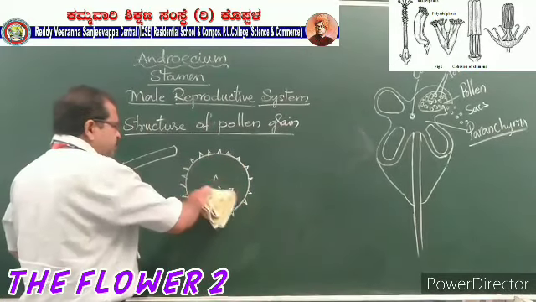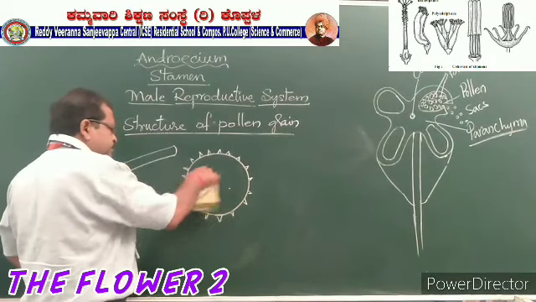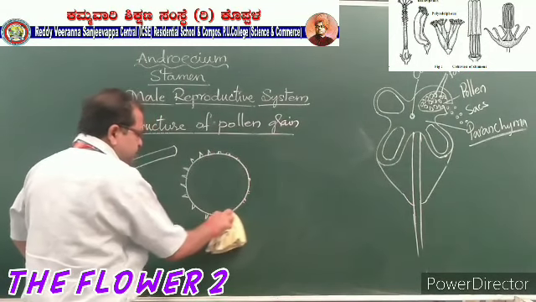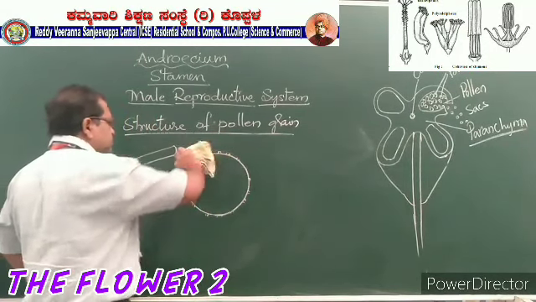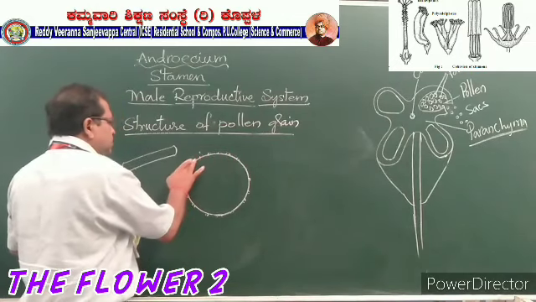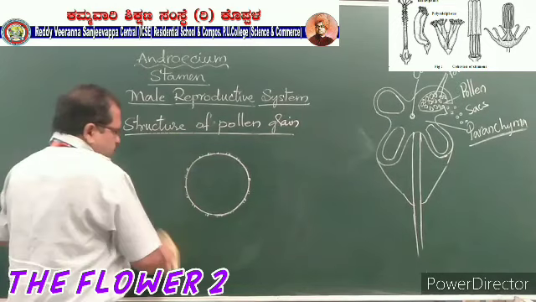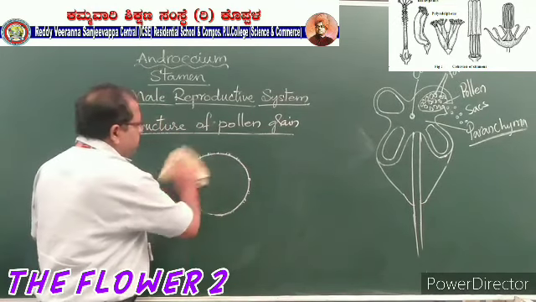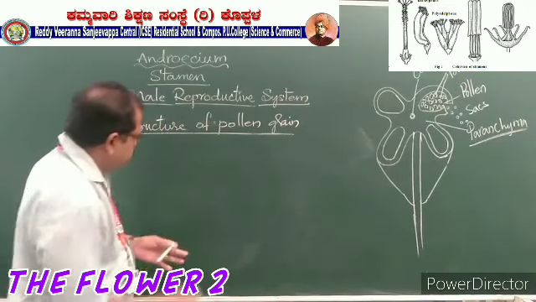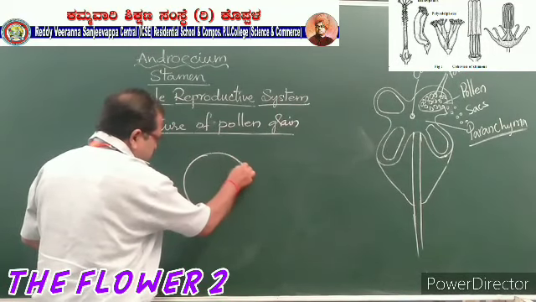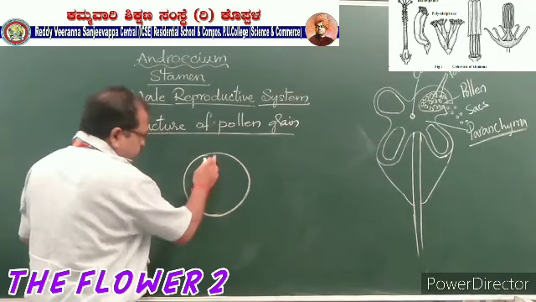The pollen grain is spherical and has two layers.